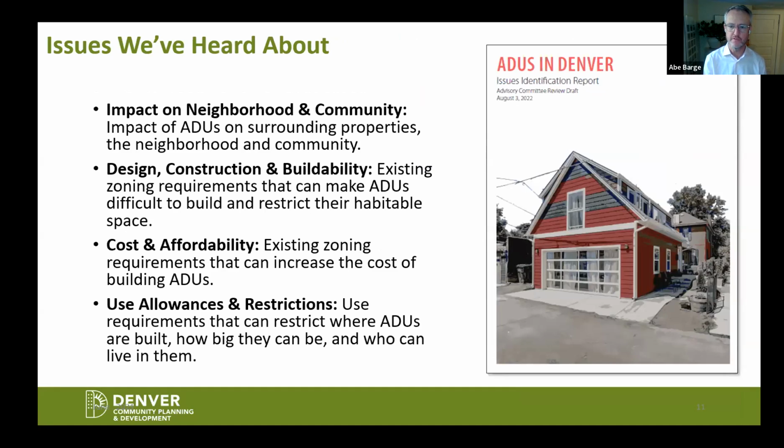The issues that we've heard about, I put in these 4 categories. Some of the issues relate to ADUs fitting in with different neighborhoods. And some of them relate to the fact that our current rules and process may increase their cost or make them hard to build, which is another thing we're looking at as part of this project.